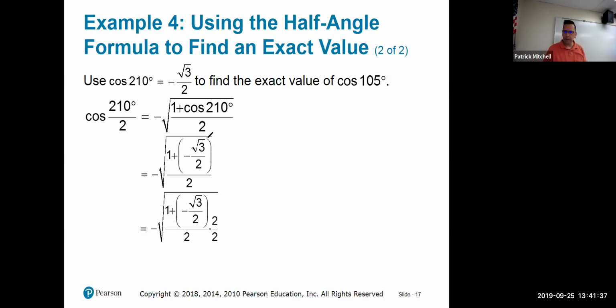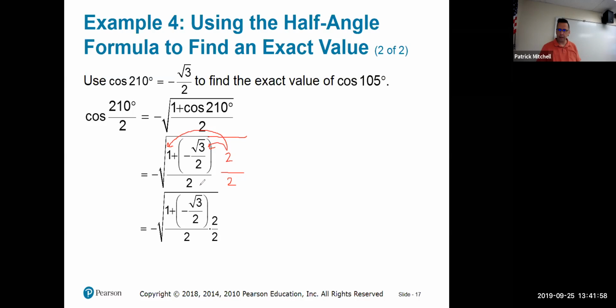So the way I'm going to simplify this is I am going to multiply the top and the bottom of this big fraction by 2, right? So that 2 is going to get distributed here and here.